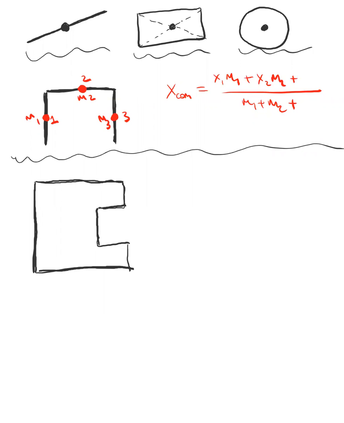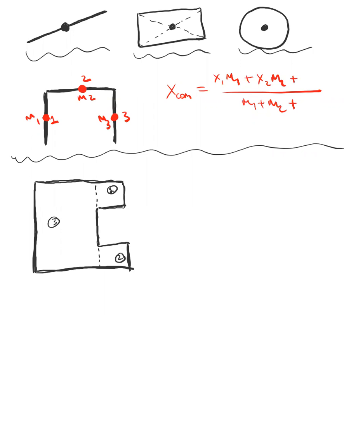So there are a few things that you can do. One thing that you can do is subdivide it into 3 different rectangles. So you could put an imaginary partition here and another partition here. And then you would have 3 rectangles, rectangle number 1, rectangle number 2, rectangle number 3.